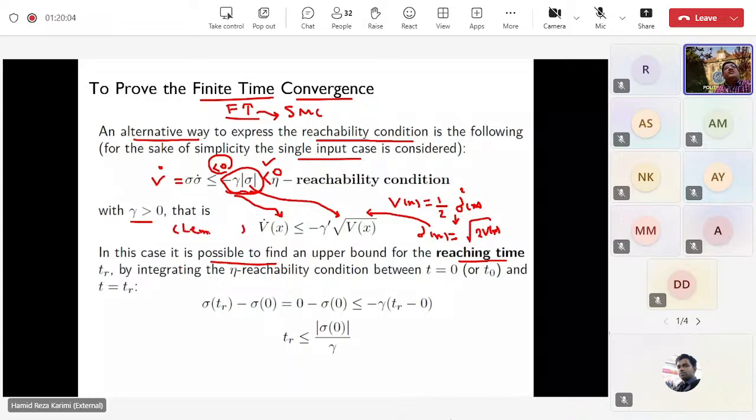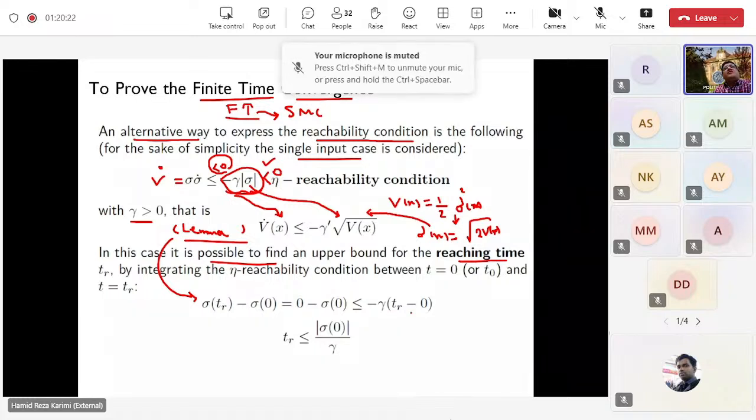The lemma says that if this condition is satisfied, then sigma at TR minus sigma at time zero is also less than this condition. From here you are able to find the reaching time TR less than this.